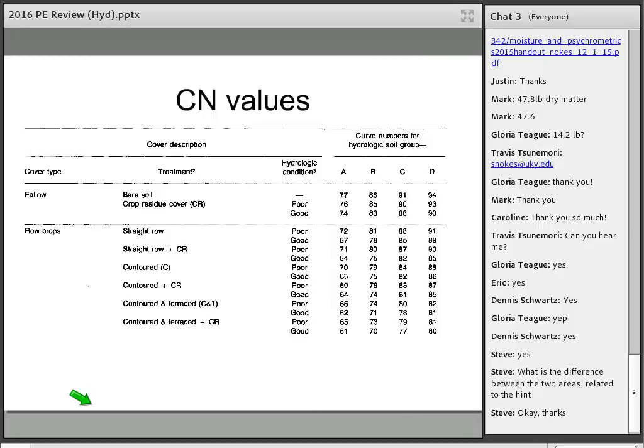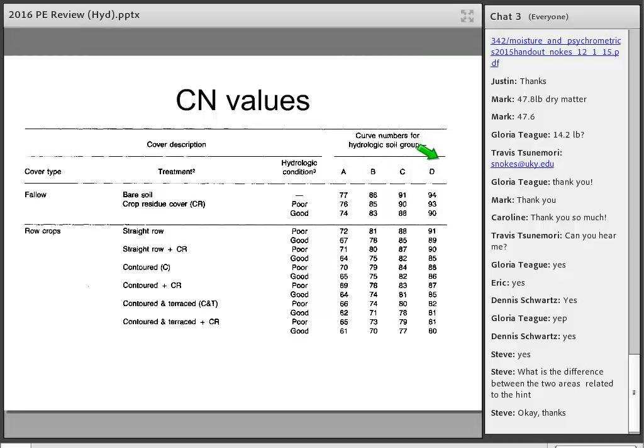You also have the concept of hydrologic soil group that comes into this. Now, if you think in terms of soil textures, you're going to have sandier soils, pure sands down in the A's. You're going to have much less permeable soils such as silty clay loams, clays, those sorts of things in the D, and then you've got ones in between.